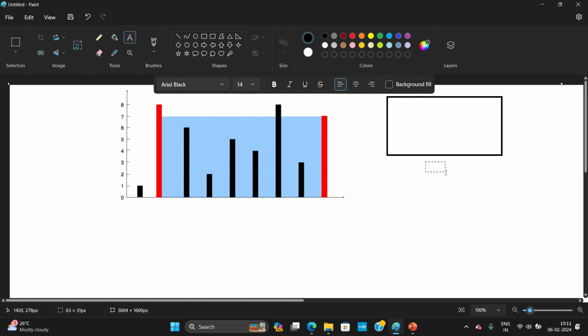If the length is L and the breadth is B, the area can be considered as L into B. So if we talk about the area in a specific way, it depends upon both the length and the breadth.